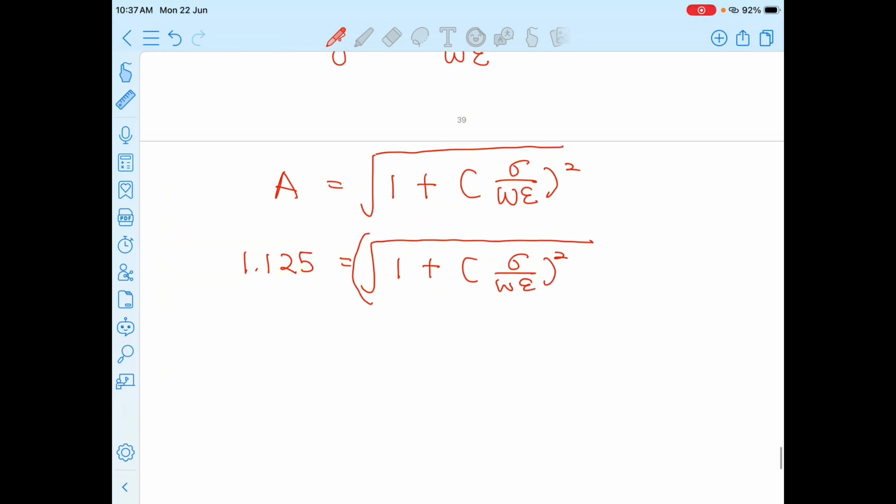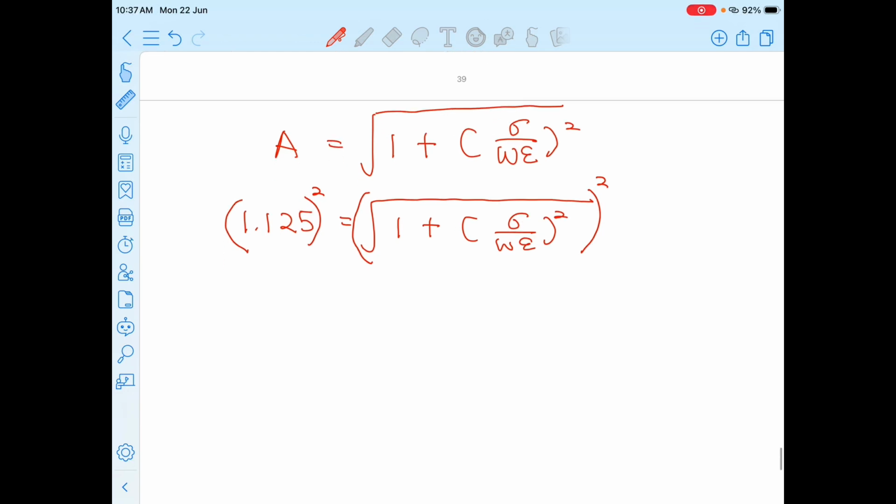I will square the right side in order to remove my square root, and at the same time I have to square my left side as well. So when you square it, it becomes 1.26. Over here, it becomes this.